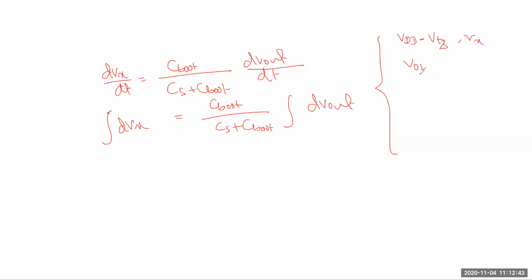When the V in comes to 0, it will start increasing from that VOL, and maximum it will go to VDD, because the top one here is VDD. So this is VDD minus VT3 to Vx, and this is VOL to VDD.